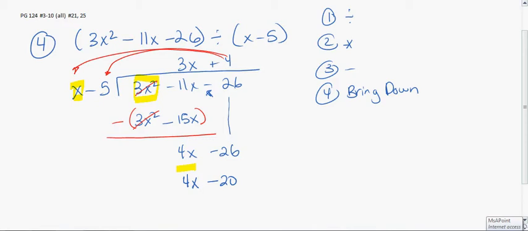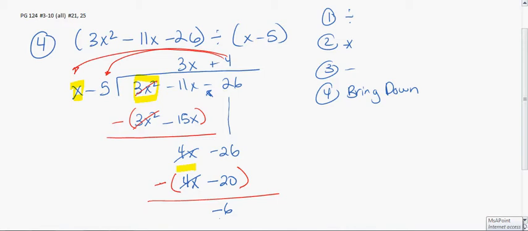Step 3, subtract. I'm going to subtract that whole line, the 4x and the minus 20. 4x take away 4x, 0, they cancel. Watch your signs on the next one. Negative 26 minus a negative 20 is negative 26 plus 20, which gives us a negative 6 for an answer.